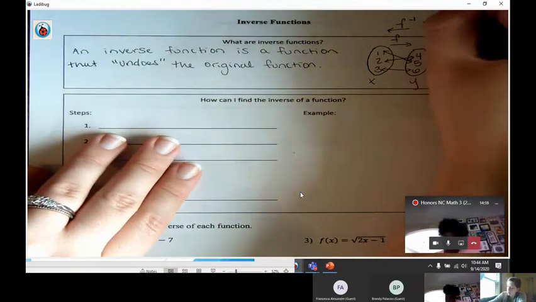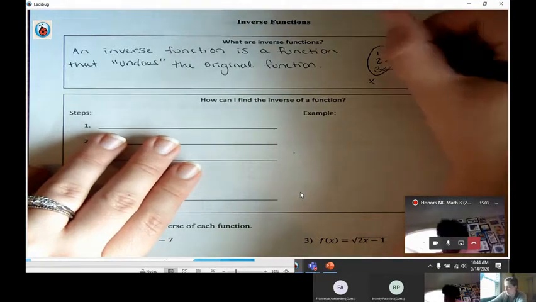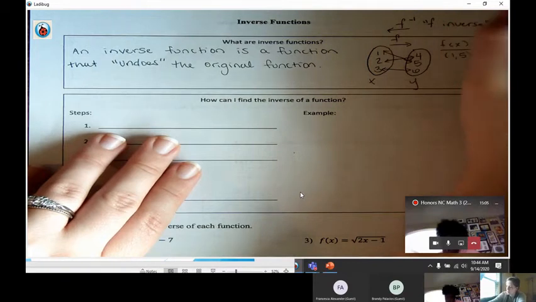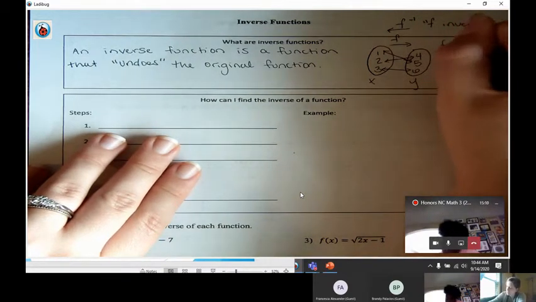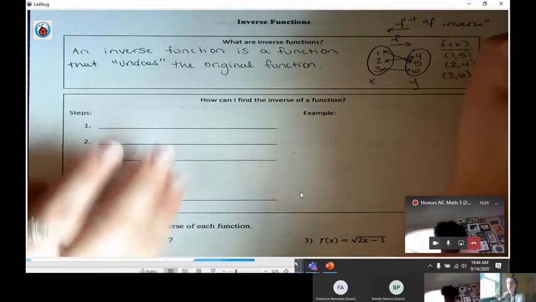Our F of x points for this problem would be 1, 5, 2, 4, and 3, 6. But if I'm looking at F inverse points, I would have 5, 1, 4, 2, 6, 3. They all went in the opposite direction.